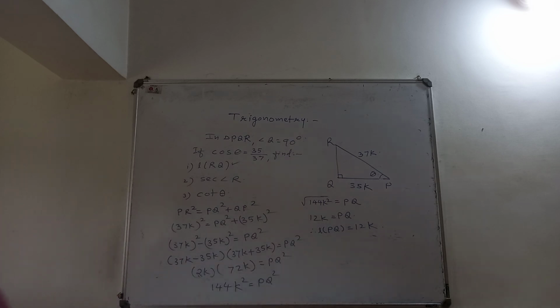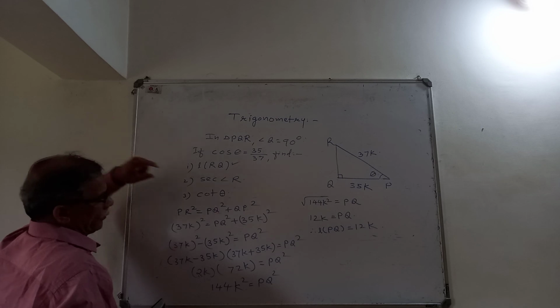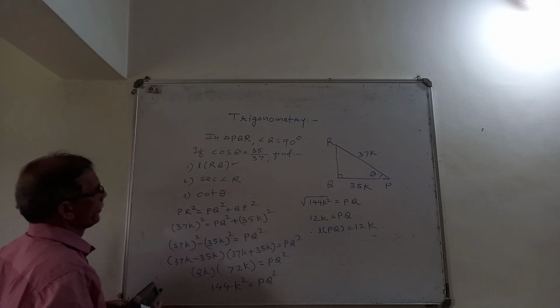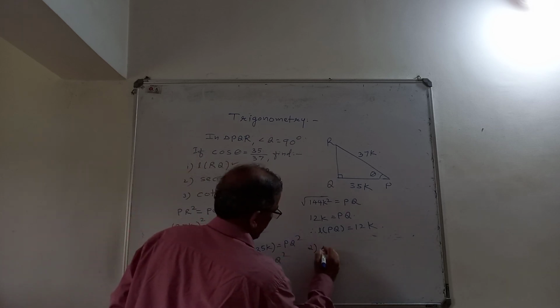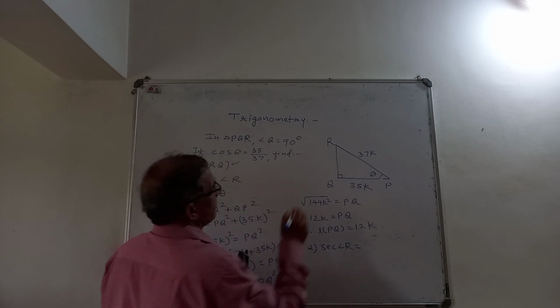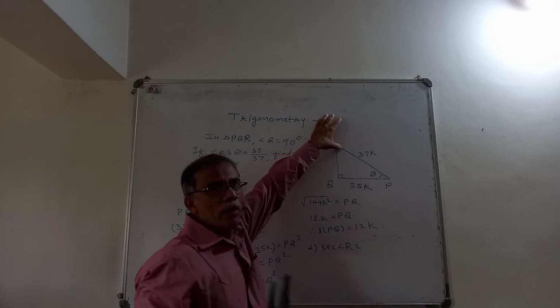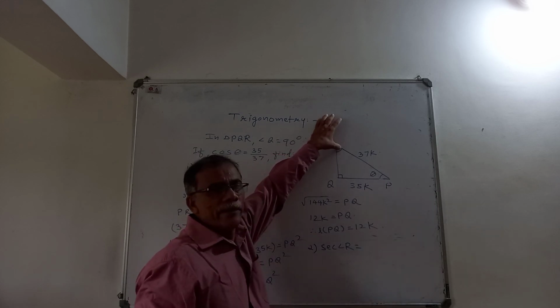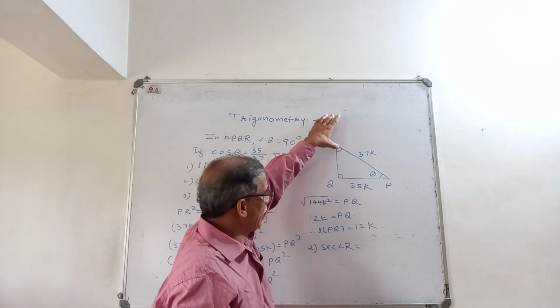Once you have obtained the length, you can write the remaining ratios which are asked. Now PQ is 12K. Then sec of angle R, meaning this angle. Sec is the inverse of cos. Cos means adjacent upon hypotenuse. Which is adjacent for angle R?